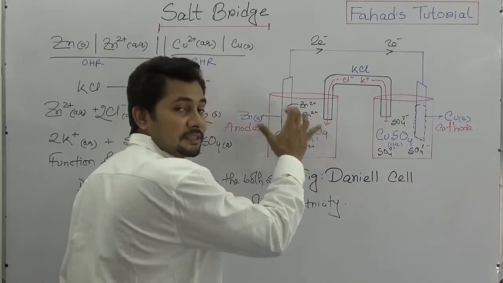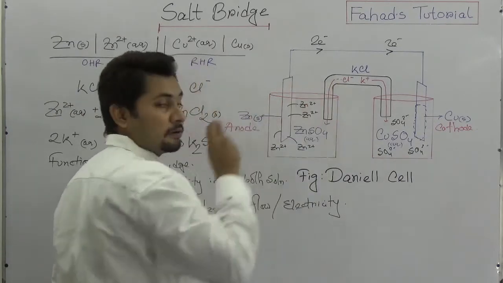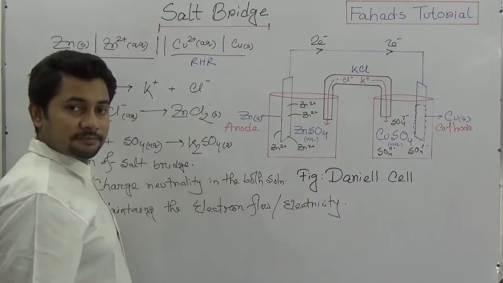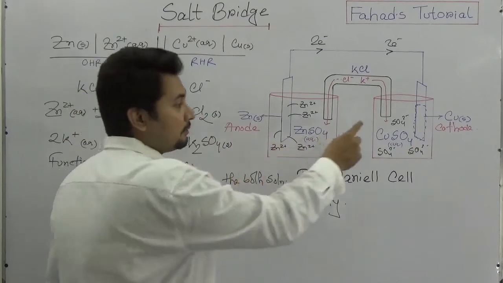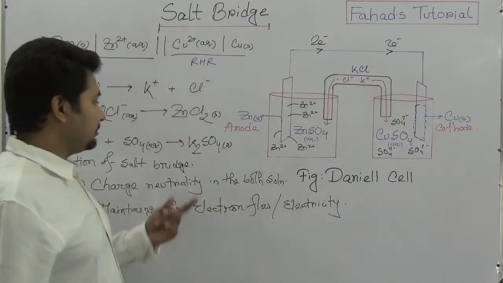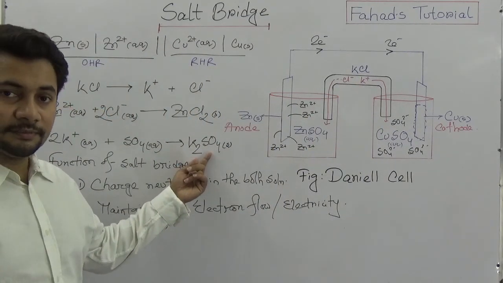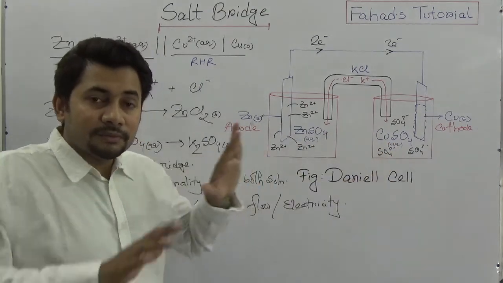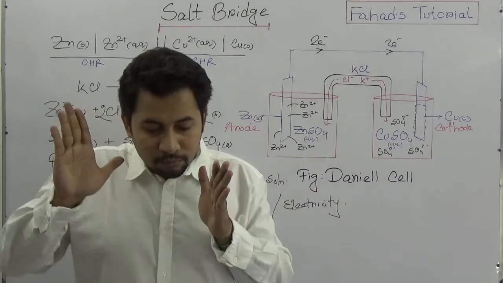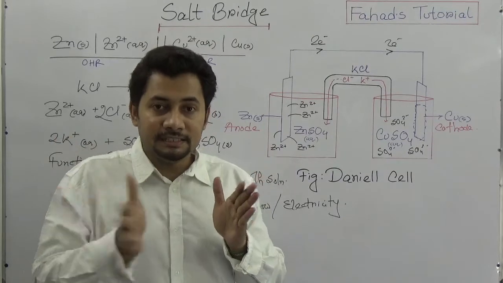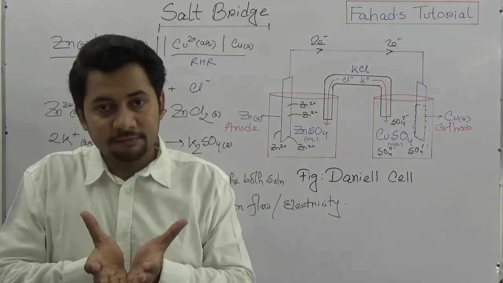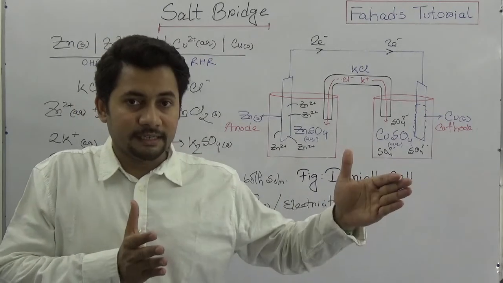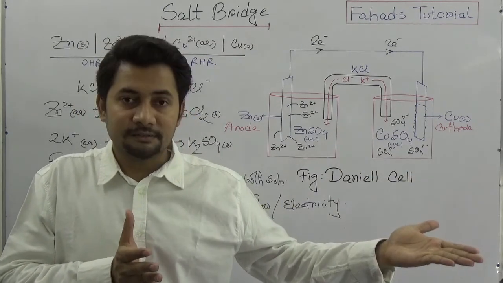So zinc 2 plus will add chloride to form zinc chloride, and the sulfate, which is increasing, will add the cation and produce potassium sulfate in the other solution. So when more zinc ions are released into this solution, they will form zinc chloride, and on the other side it will form potassium sulfate.